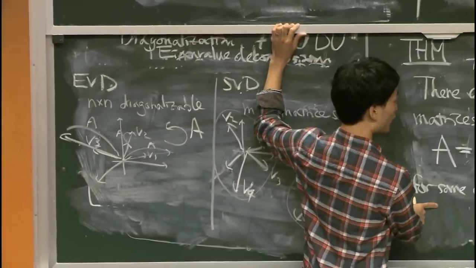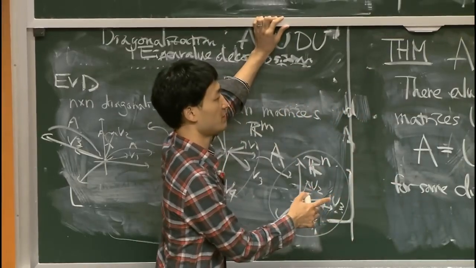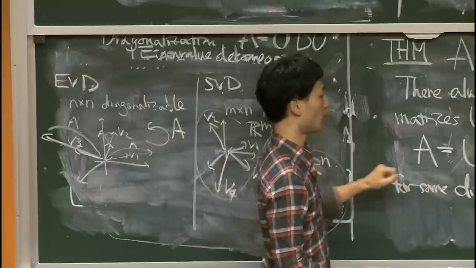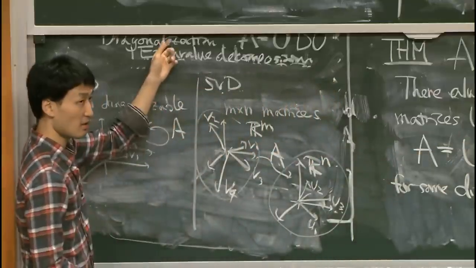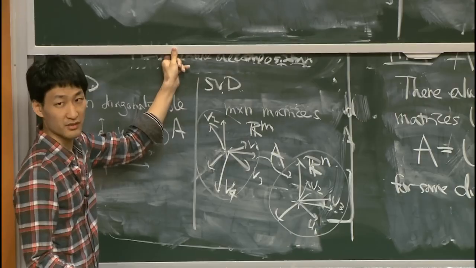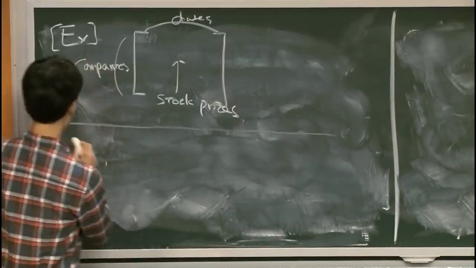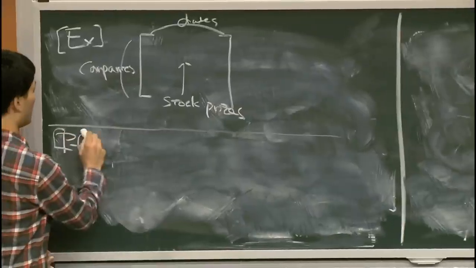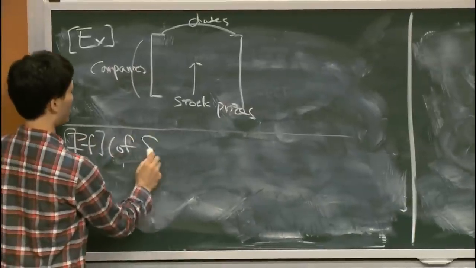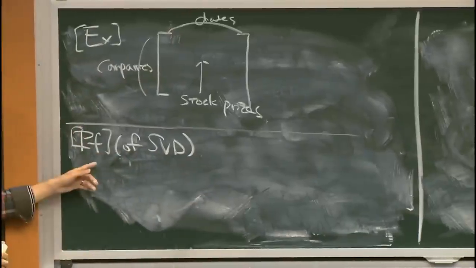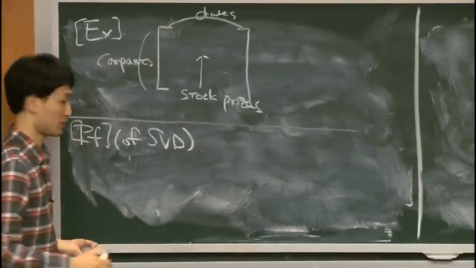Let me talk about the proof of the singular value decomposition, and I will show you an example of what singular value decomposition does for a matrix that I chose. The proof of singular value decomposition is interesting. It relies on eigenvalue decomposition.